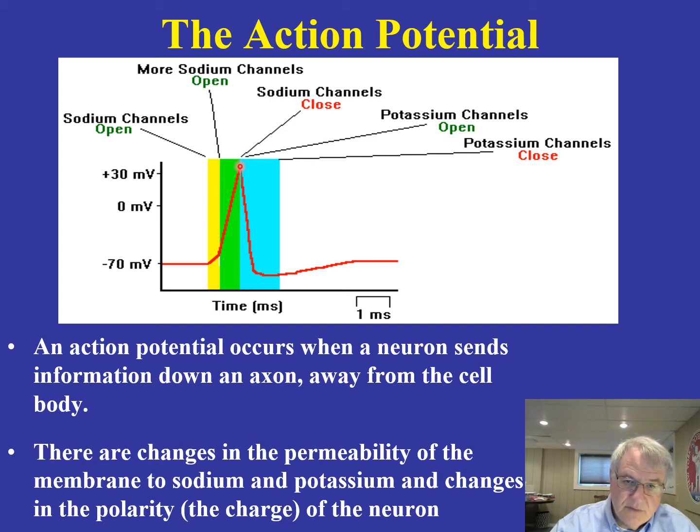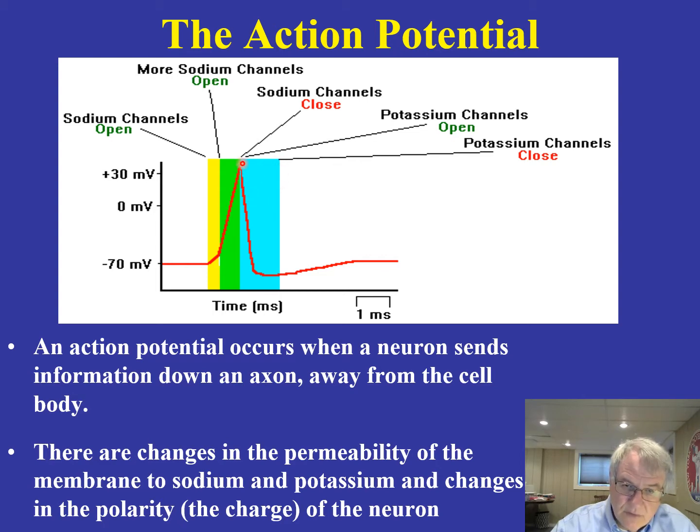Then those channels are going to close down, and sodium is not going to be allowed to go through them. They close down, but simultaneous with that, during this blue phase that you see right here, potassium channels are opening up, and ultimately are going to be closing down.